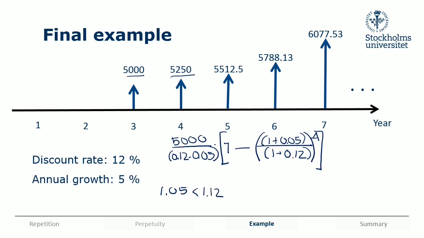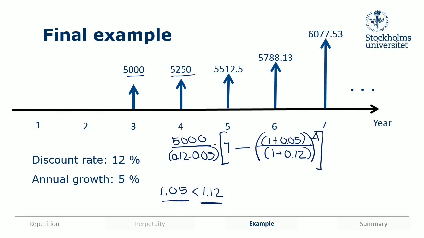So if we multiply 1.05 with itself infinitely many times, it will still be smaller than 1.12 raised to an infinite number, or multiplied with itself infinitely many times. Or more correctly, this term will go towards infinity faster than this term.